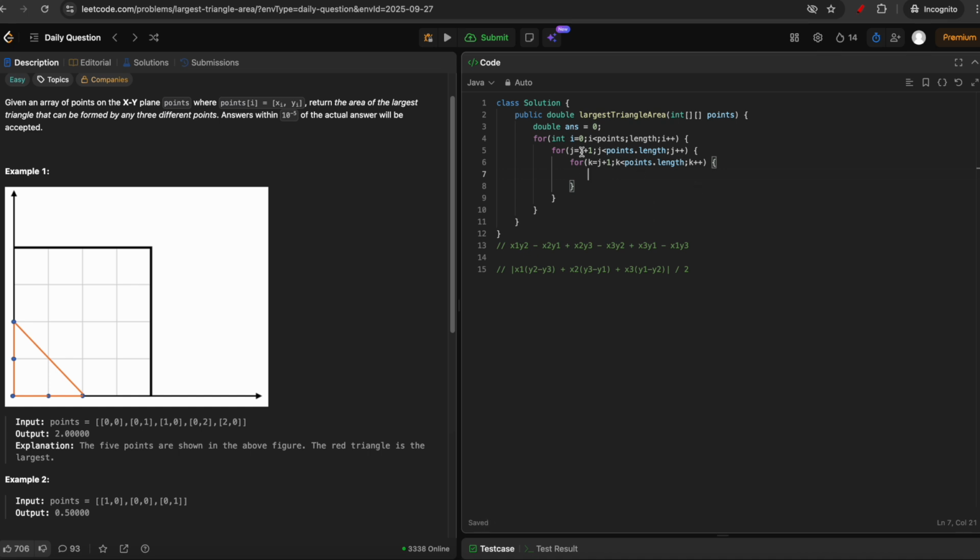So now let's create all the 3 points. x1 equal to points of i 0, and then y1 equal to points of i 1.